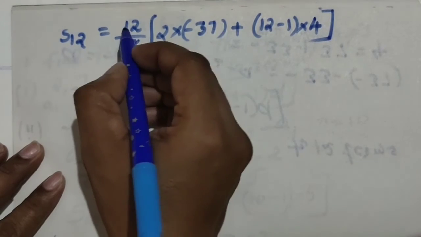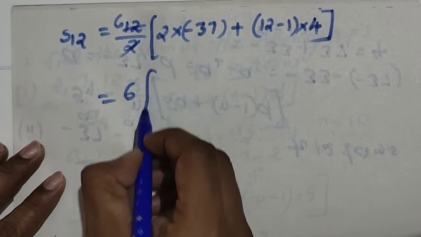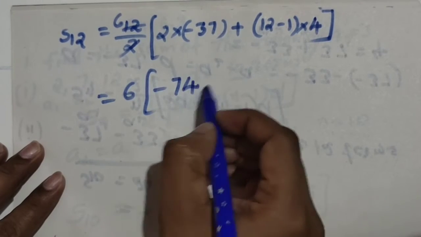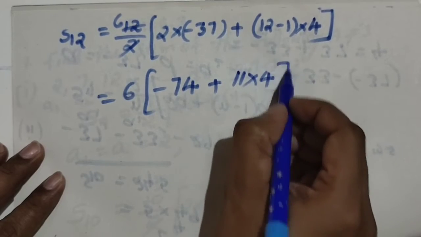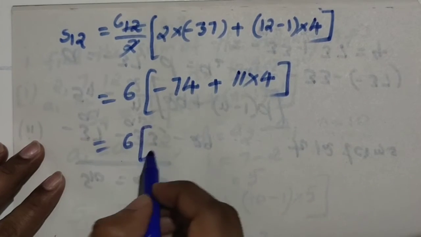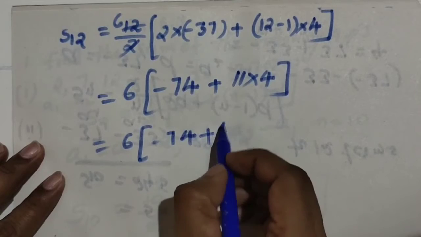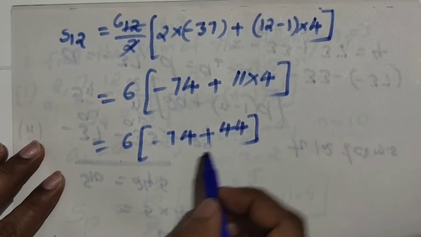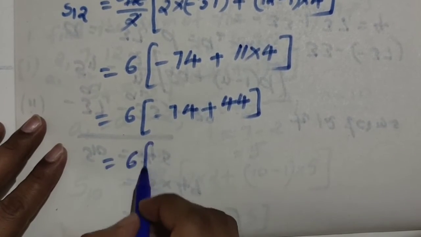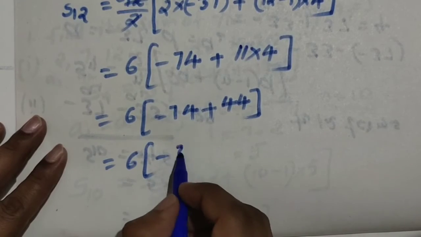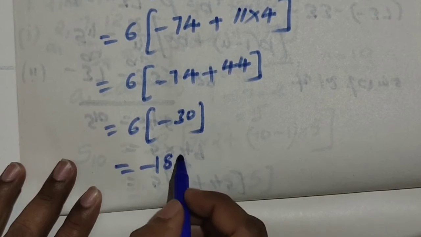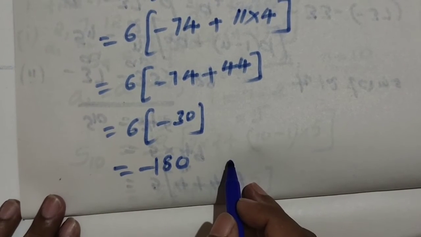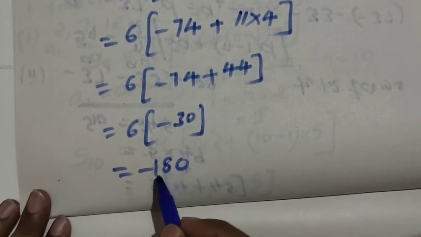Now cancel it. 6 into (minus 74 plus 11 into 4). So 6 into (minus 74 plus 44). Then 6 into (minus 74 plus 44, minus 30). So total minus 180.